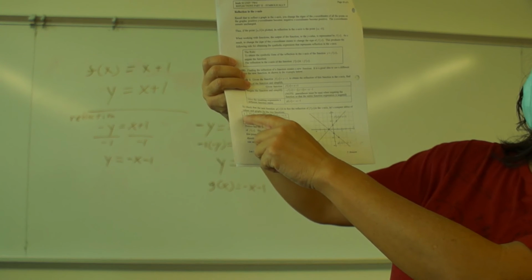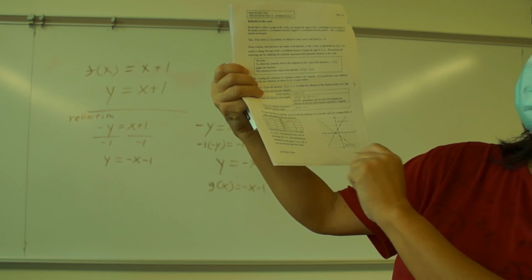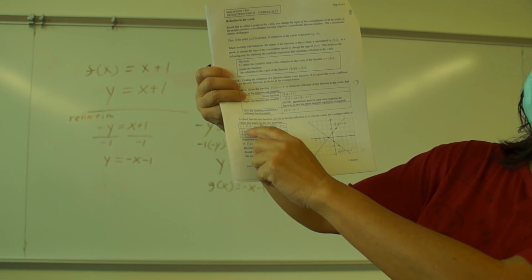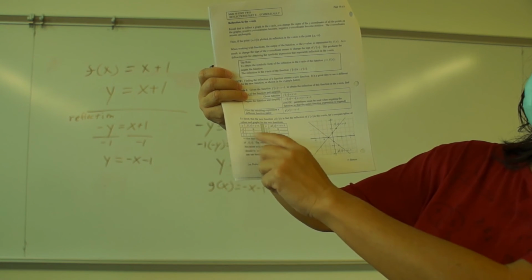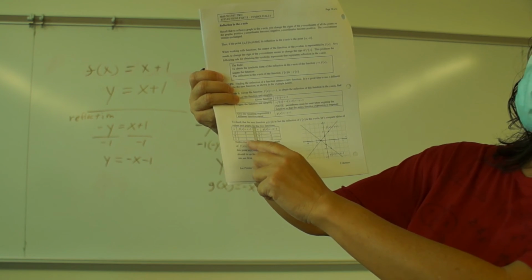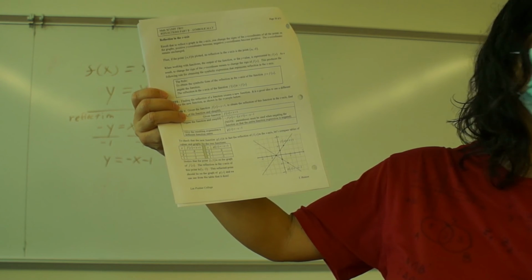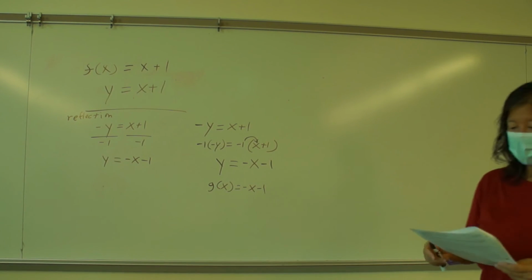So -1, 0 becomes, the y becomes -y. So that still stays at -1, 0. 0, 1 becomes 0, -1. And 1, 2 becomes 1, -2, because the y becomes the opposite. Right? Okay. All right, so you guys now have some to do.